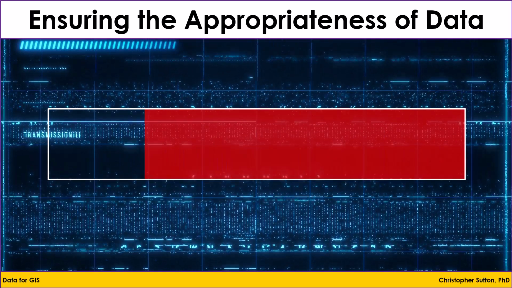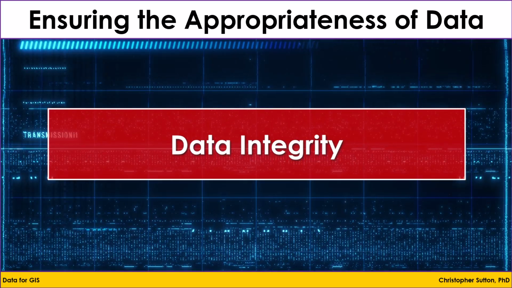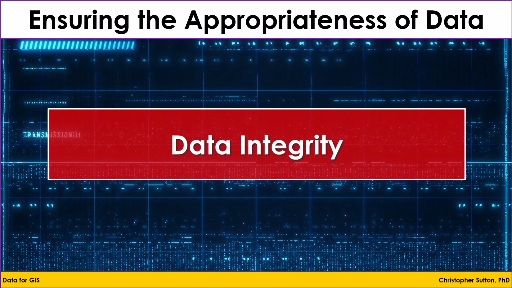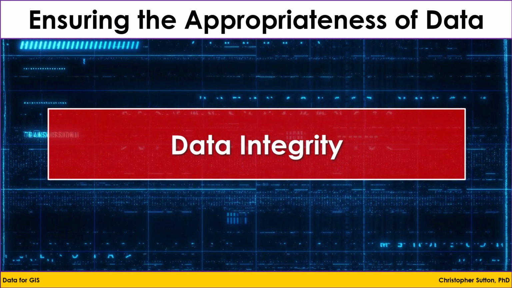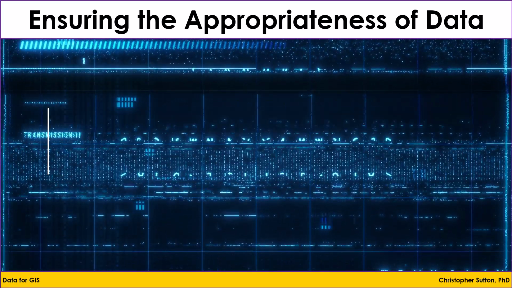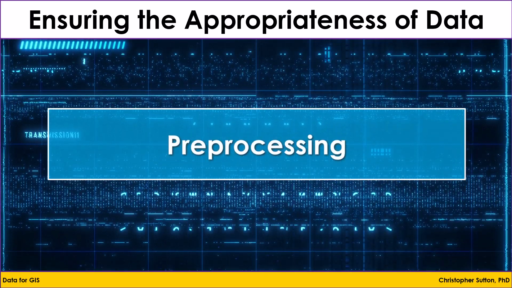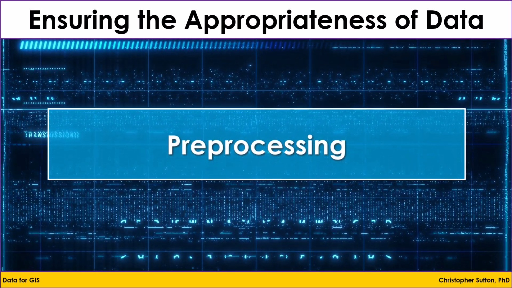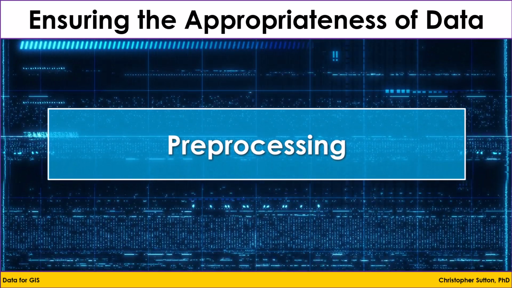GIS analysis requires data integrity. Investing time in acquiring, verifying, and maintaining high-quality data sources directly impacts the effectiveness of GIS applications. In many GIS projects, we spend considerable time cleaning, standardizing, and validating spatial data before analysis even occurs.